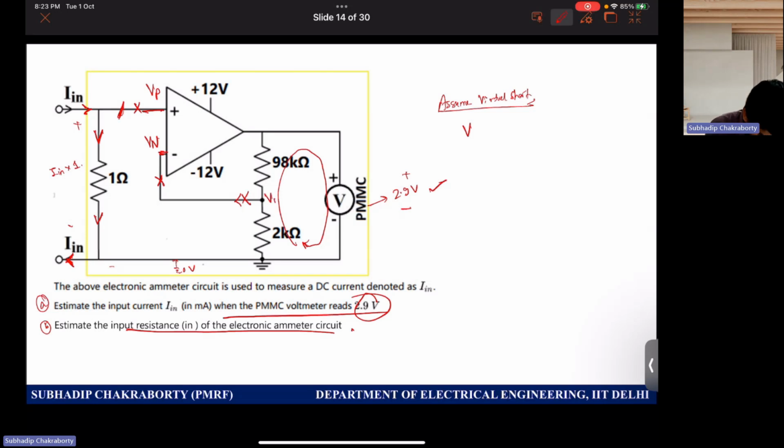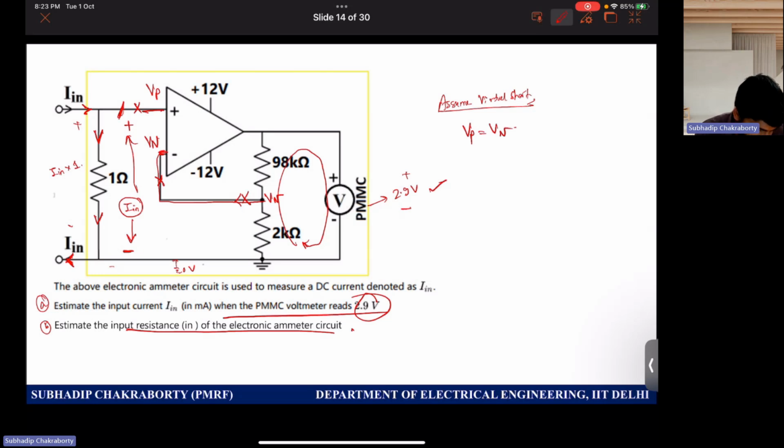So this voltage is Vn, right? So I know this voltage difference is I in, and if I can know Vn, then Vp is Vn.